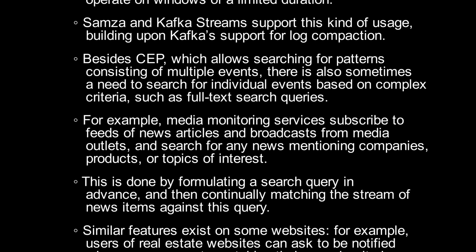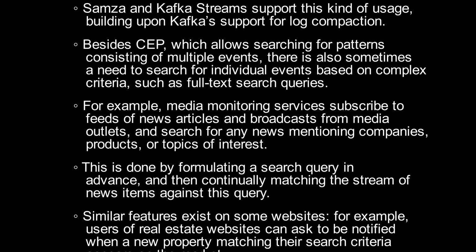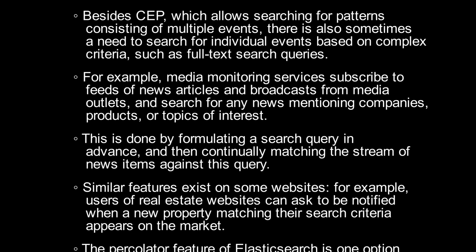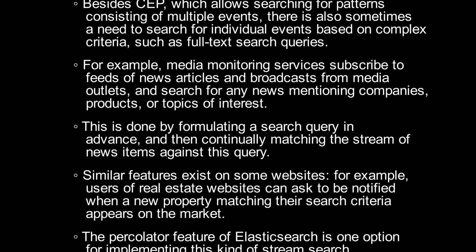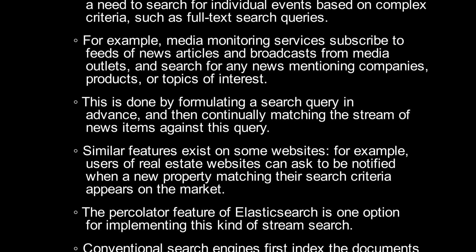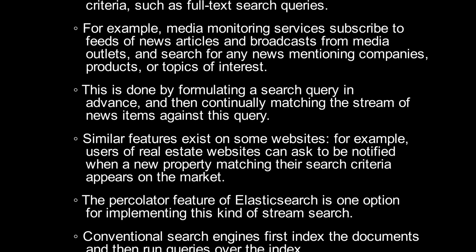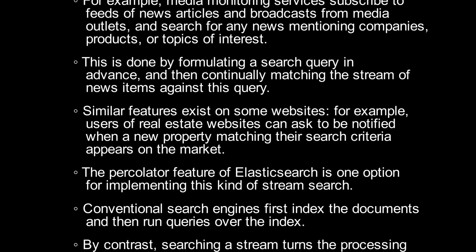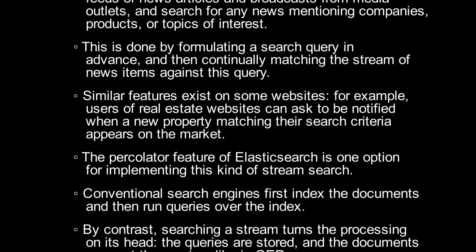This is done by formulating a search query in advance, and then continually matching the stream of news items against this query. Similar features exist on some websites. For example, users of real estate websites can ask to be notified when a new property matching their search criteria appears on the market. The percolator feature of Elasticsearch is one option for implementing this kind of stream search.